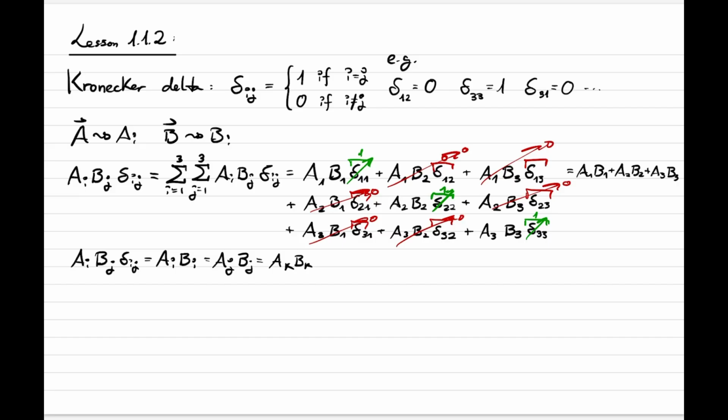If you remember what we said in lesson 1.1.1, I think it was that lesson, yeah. These are dummy indices which are summing together. It's said that they are contracted. Dummy indices are the same thing when you are summing something.